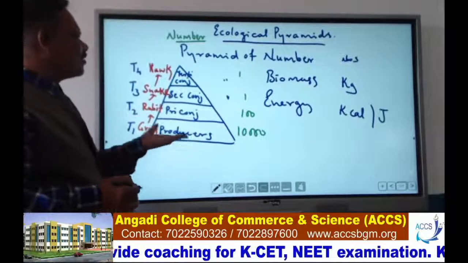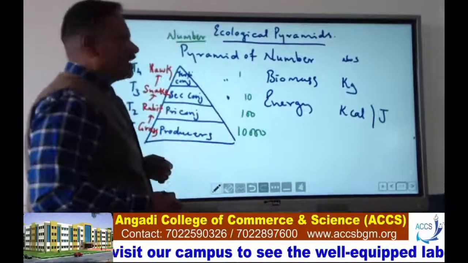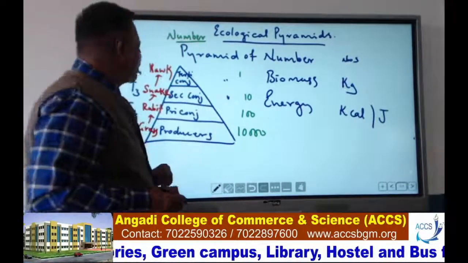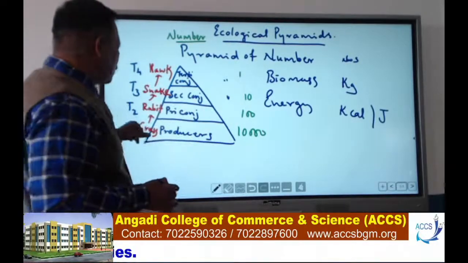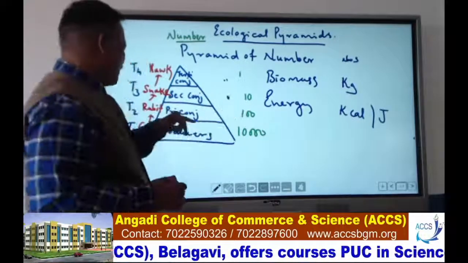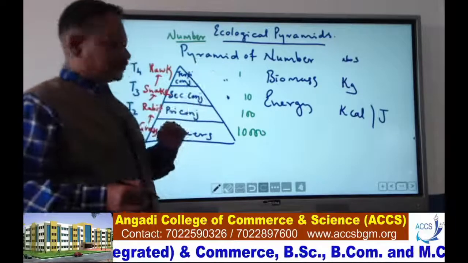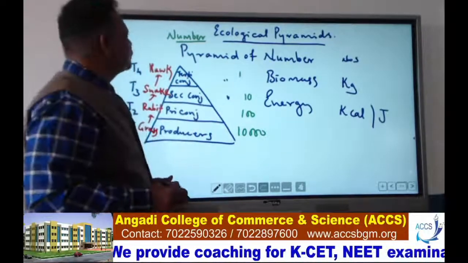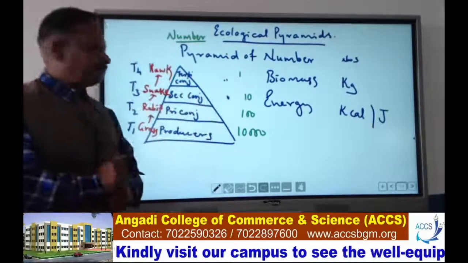So in this way, you are mentioning it in numbers: grass 10,000, rabbit 100, snake 10, then hawk 1. So 1, 10, 100 and 10,000 show the pyramid of number. You are counting in numbers.